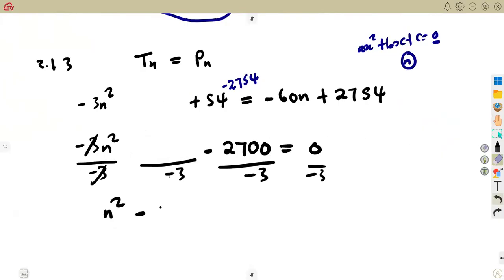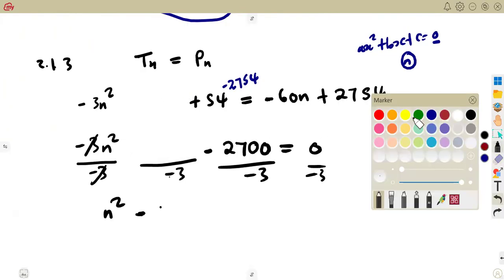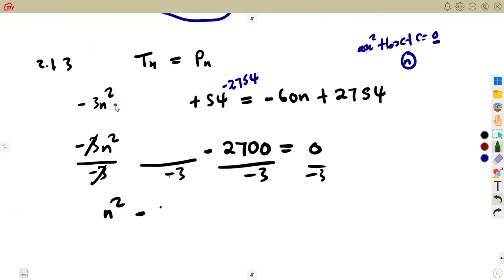It was supposed to be this way. Remember, it was supposed to be 120n. So the moment you take this negative to the other side, it is going to be what? Positive 60n. So you add so that this will be positive 180n. So meaning to say, once you divide by a negative, positive, negative, that was going to be negative 60.